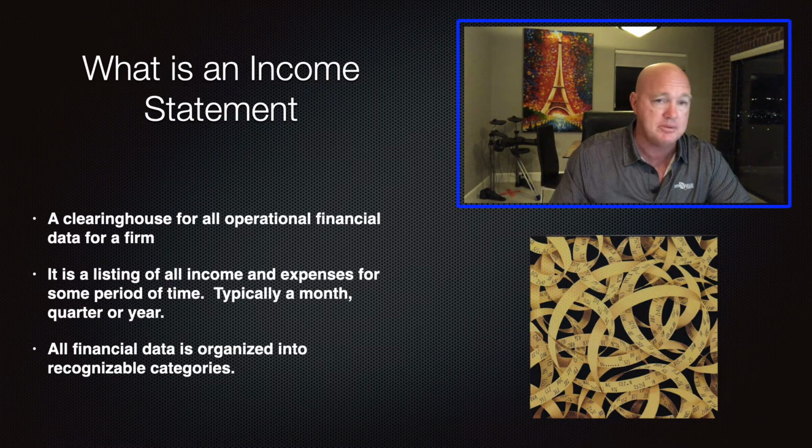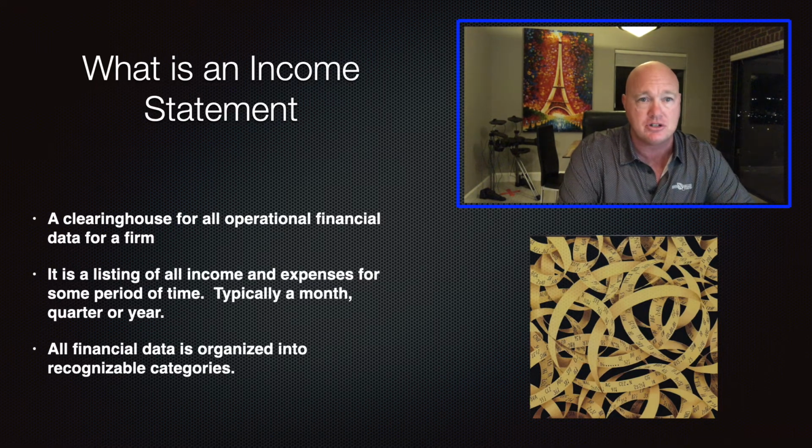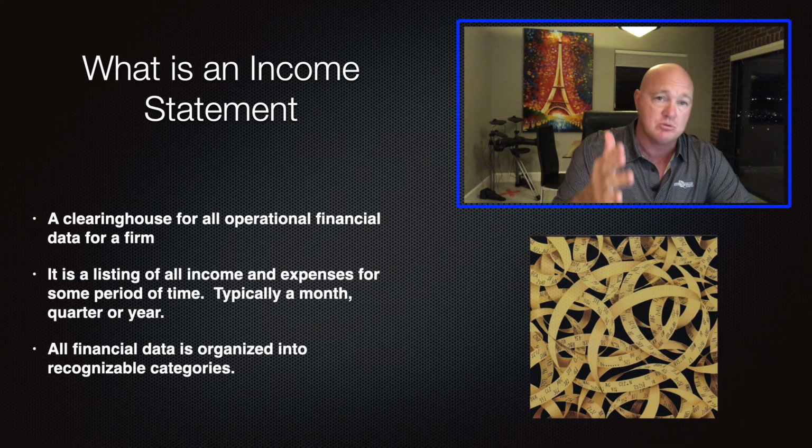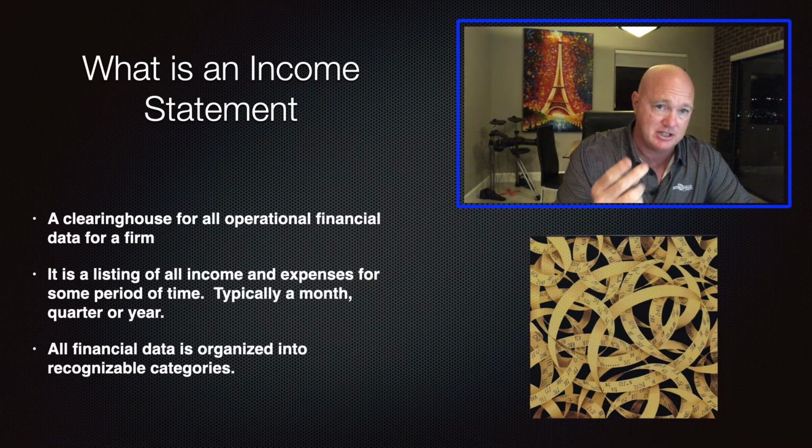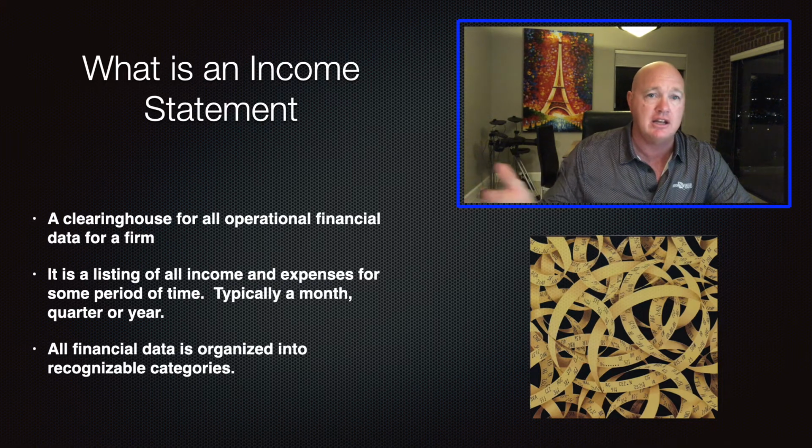That's the opposite of a balance sheet, which is always a snapshot. It's an exact second in time, typically at the close of business on a specific day, and the balance sheet will reflect what's happening to that company that day. We'll talk more about why that is later, but just understand for now that the balance sheet happens at a specific second, and an income statement happens over a certain period of time.